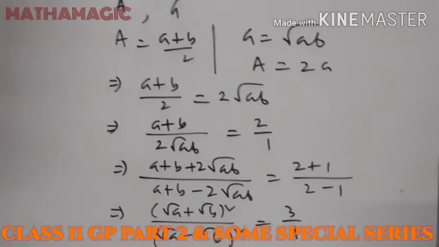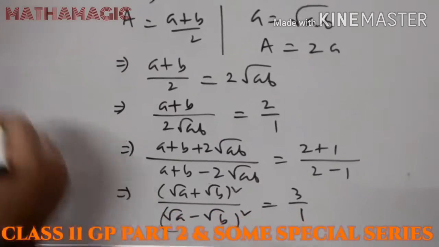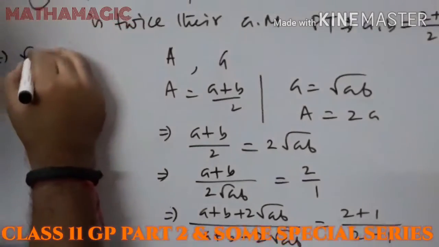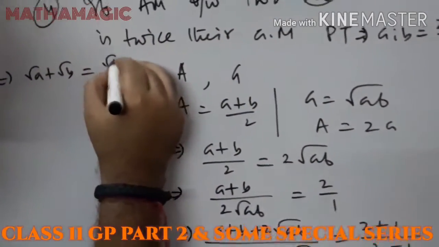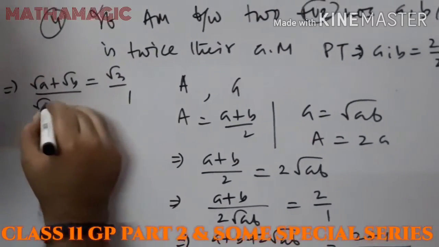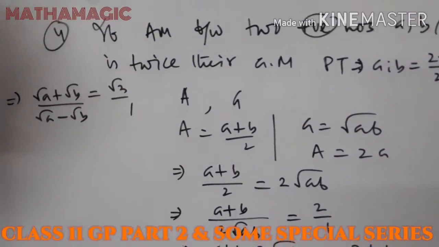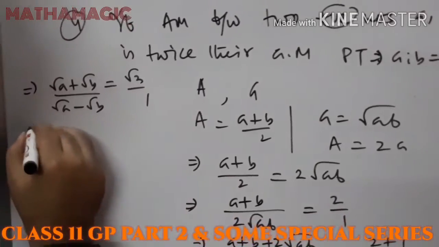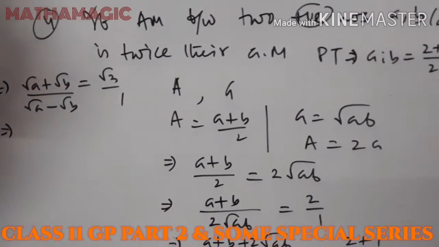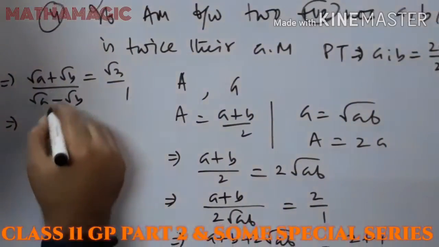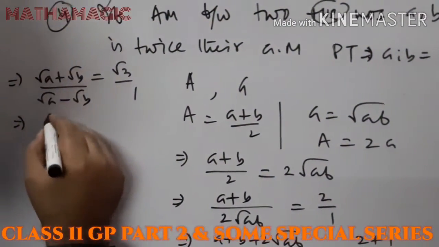Now if we remove the squares from both sides, it becomes root A plus root B divided by root A minus root B equals root 3 by 1. Again perform componendo and dividendo, then you will get the result. So what will be the value here?